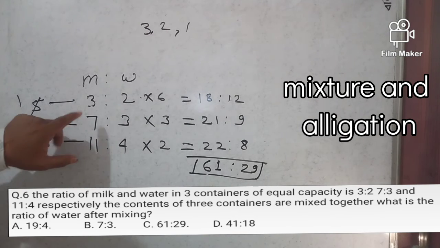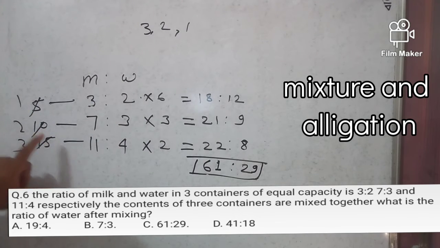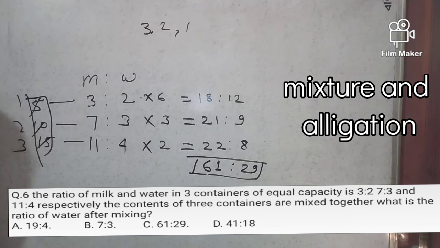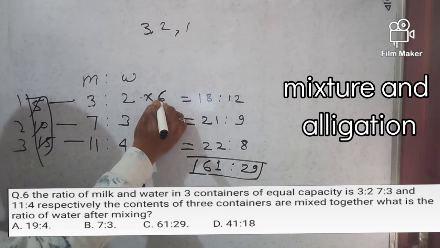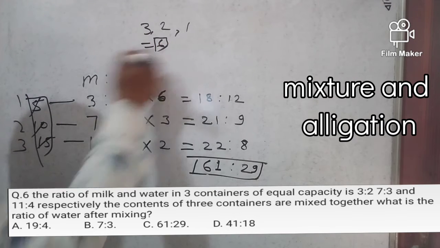Milk and water in the first container 3:2, second container 7:3 and third container 11:4. In the first container 3 plus 2 is 5 parts, 7 plus 3 is 10 parts and 11 plus 4 is 15 parts. These are not the same. To make them the same, take the LCM. 5 times 1 is 5, 5 times 2 is 10 and 5 times 3 is 15. To simplify, now take this LCM. After taking the LCM it came to 6, right? 3 times 2 is 6.